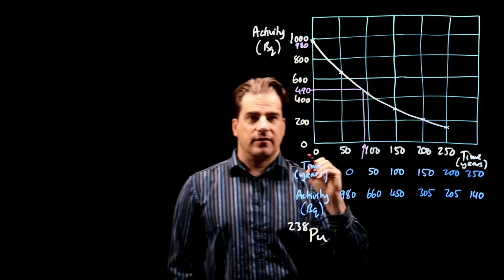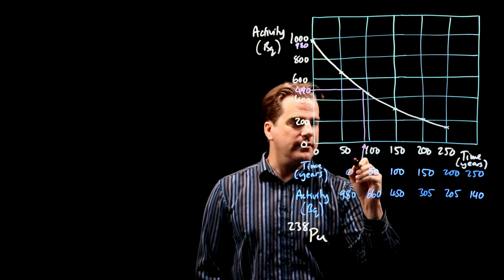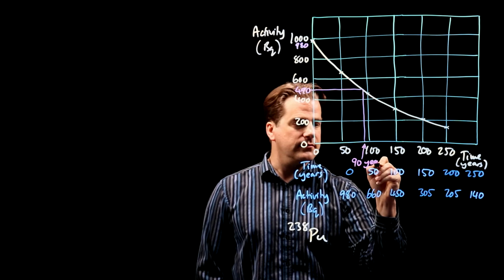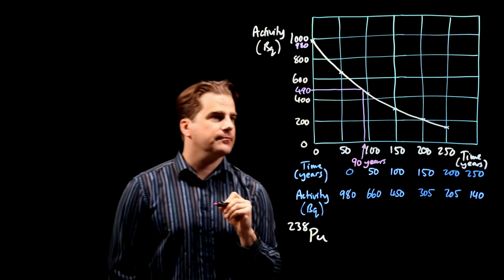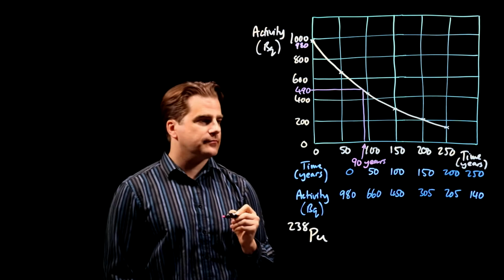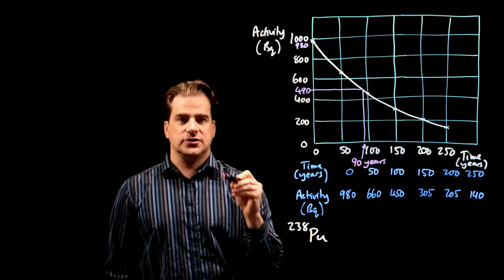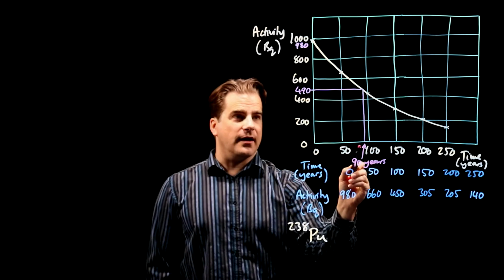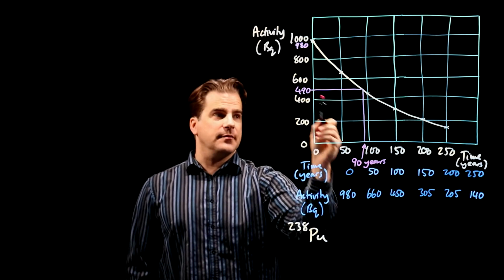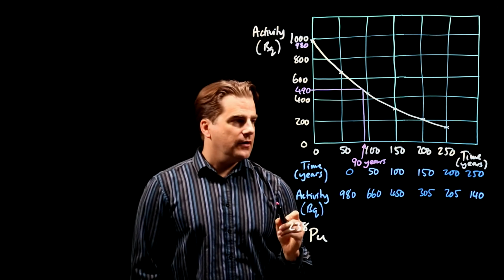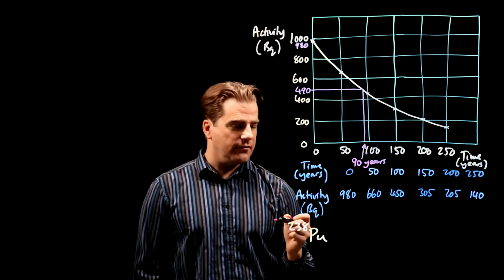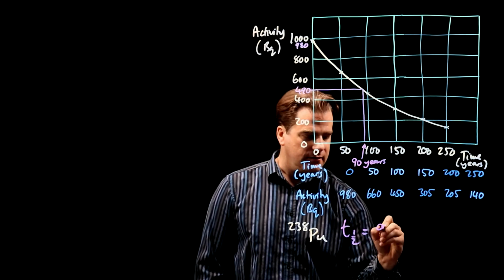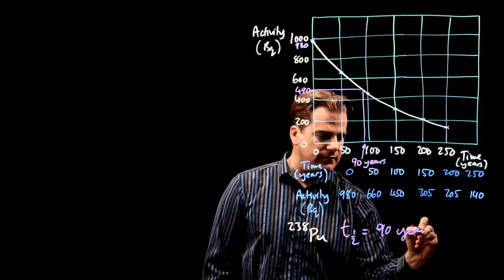If you've done this accurately, it should be about 90 years. Okay, that's how you do it. It said show your working. They want to see this across and down line, and the 490 marked. Good. So the half-life, T half, is 90 years.